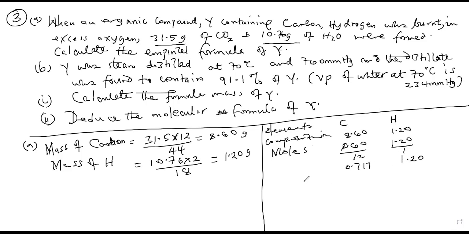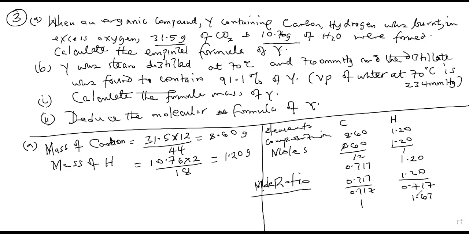1.20 here. Now, another thing is to get the molar ratio. So the molar ratio will be divided by the smallest: 0.717 over 0.717, 1.20 over 0.717. So this one is going to give you 1, and this one is going to give you 1.67.